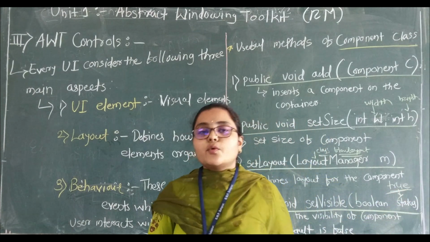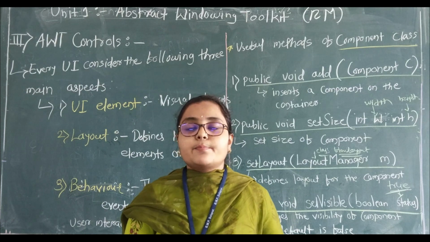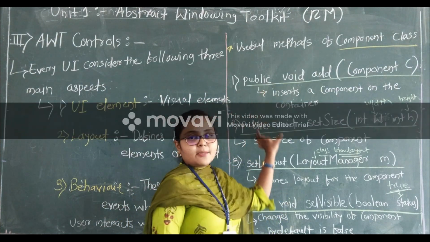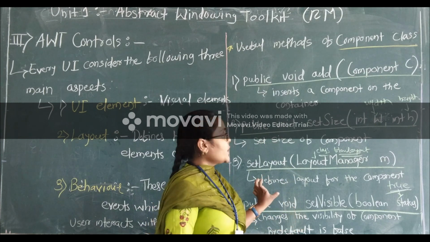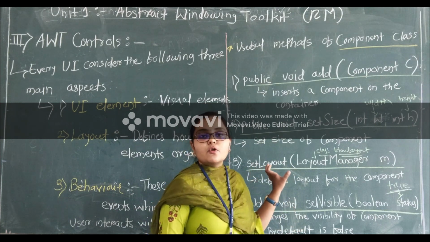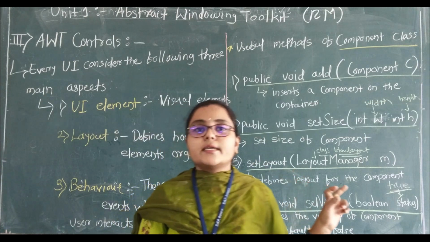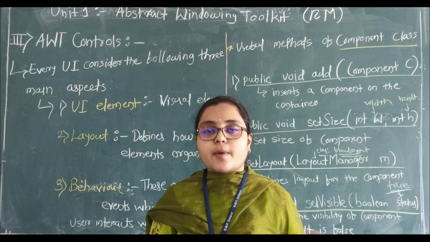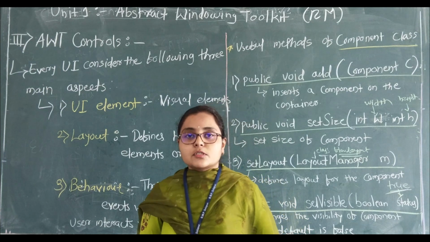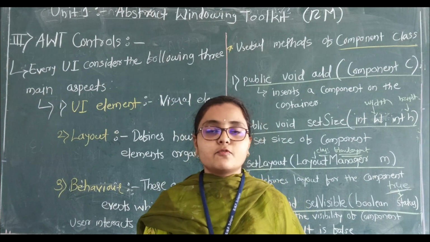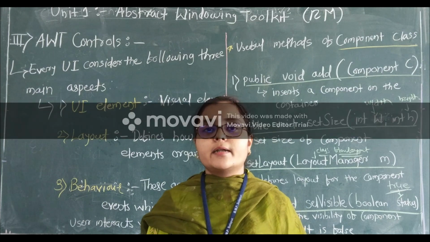Only then is your component visible. These are the basic methods we use while defining any user elements on the window. In the next part, I am going to start some user elements in detail, for example label, button and so on.